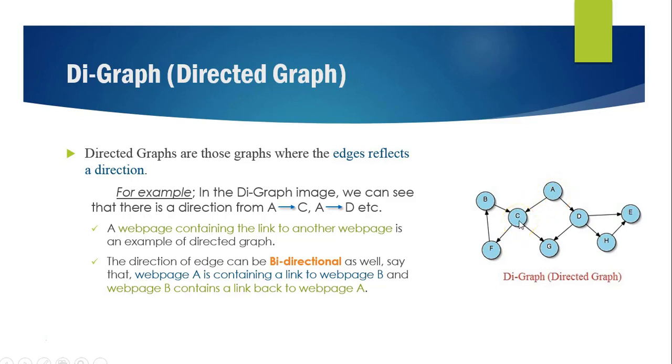Say for example, suppose in my website or on Facebook or your website, you mentioned some points and put a link to a Wikipedia page. In that case, it's a directed graph from your web page to the Wikipedia web page.